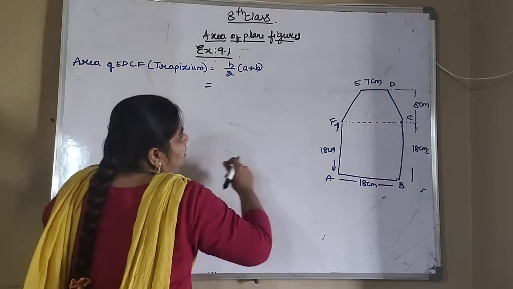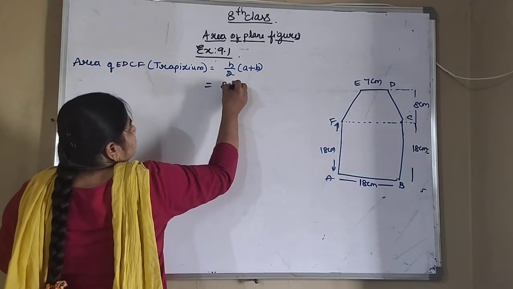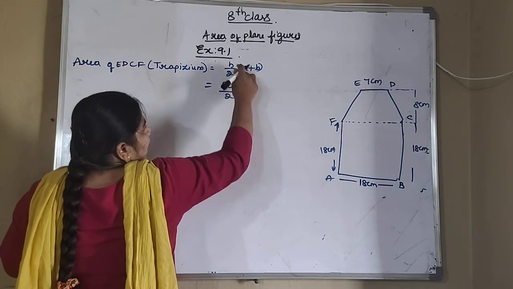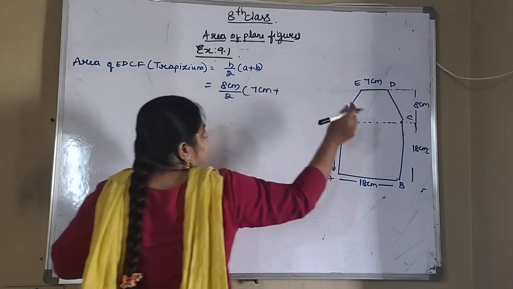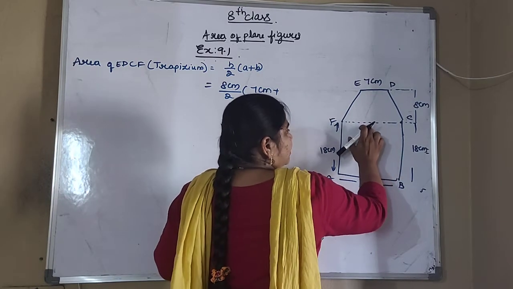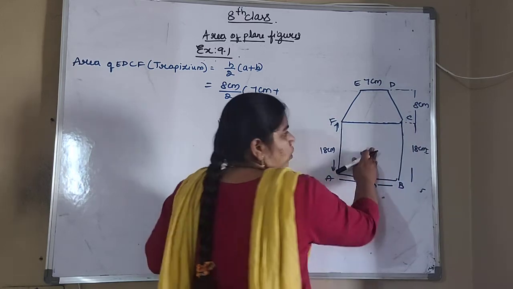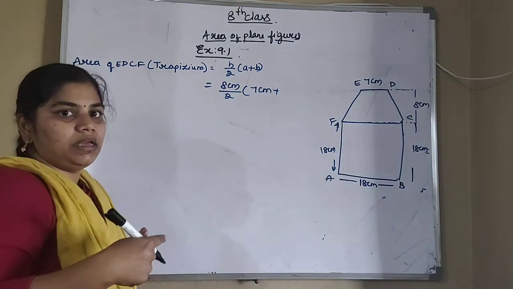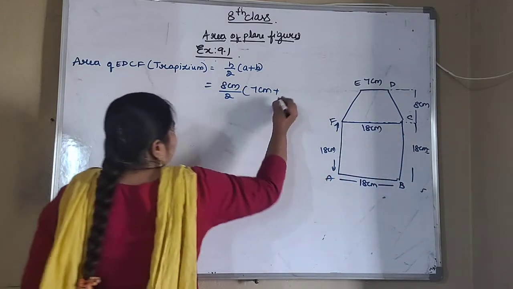So here the height is from here to here, how much? 8 centimeters by 2. And what is the A value? A value is 7 centimeters plus the B value. B is the other parallel side. So what is the B value? This base is included for the square also. In a square all sides will be equal. So if it is 18 centimeters, here also it will be 18 centimeters.